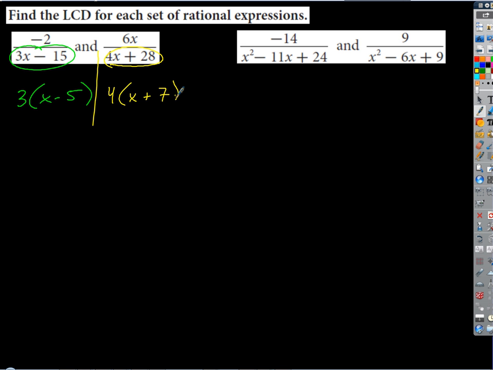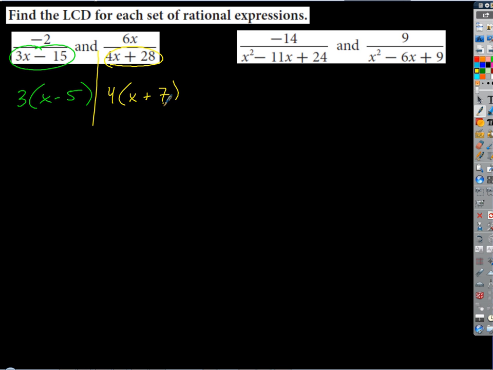Are there any shared factors? But X is not a factor, right? What are the factors here? Factors are the things that are being multiplied, right? So in this case, I've got 2 factors. I've got a 3, and then I've got, it's in parentheses, so that's one big factor, X minus 5. And then I've got another factor over here that's a 4, and then an X plus 7. Are any of those shared? There aren't.